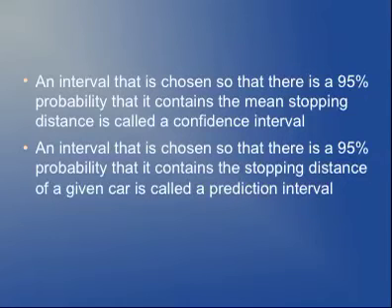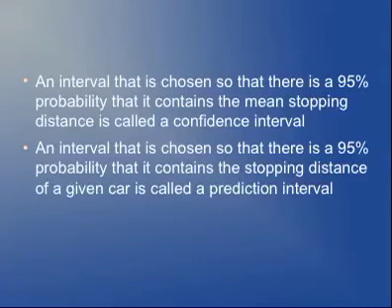So, the standard convention in regression, which isn't always followed, somewhat confusingly, I'll try to follow it as best as I can in this class, though. An interval such that there's a 95% probability that it contains the mean stopping distance is called a confidence interval.